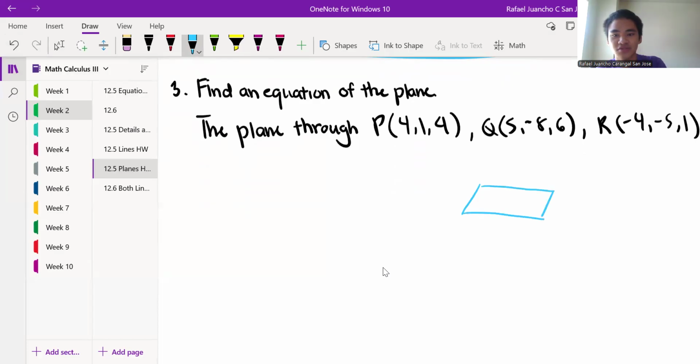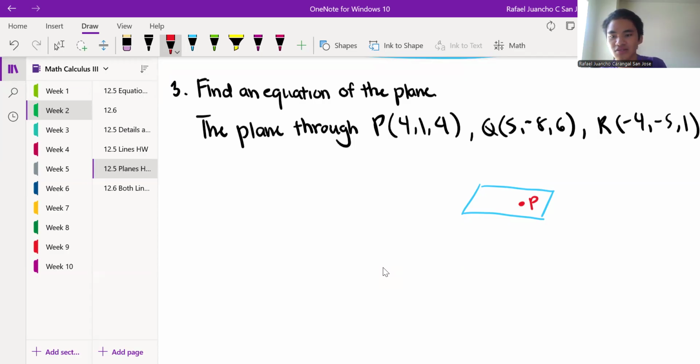We don't know what equation it is. This point P is in our plane, and now we have Q and R, which also have to be in the same plane.